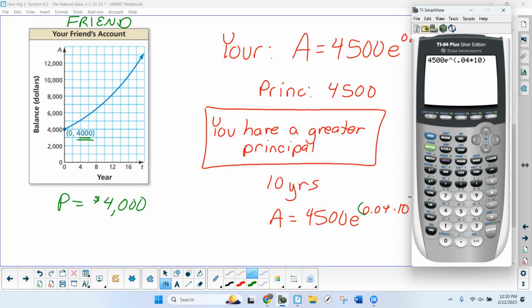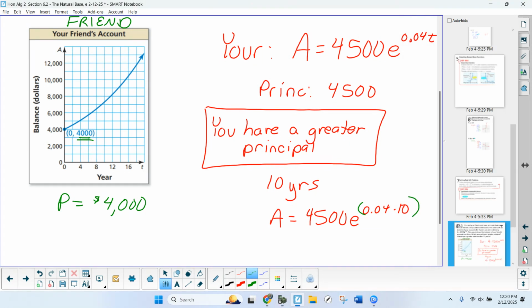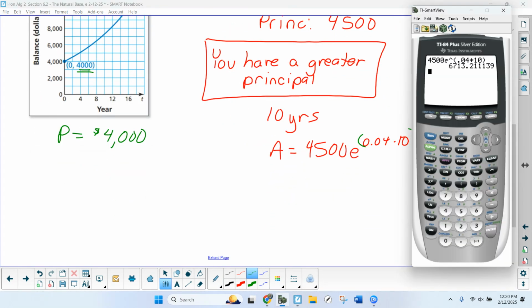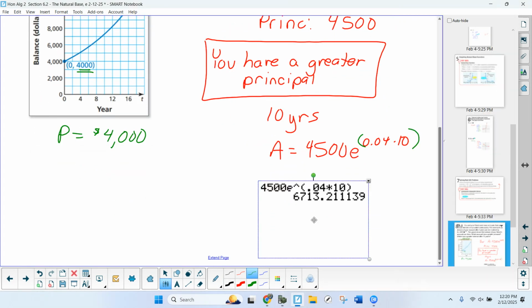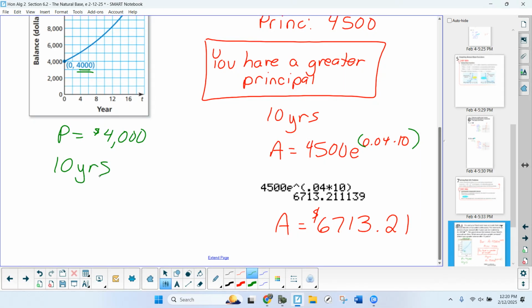So how much does yours have in 10 years? What'd you guys get? $6,713 and 21 cents. Okay. How much does your friend have in 10 years? Well, we're going to have to do a guesstimate for your friend, right?